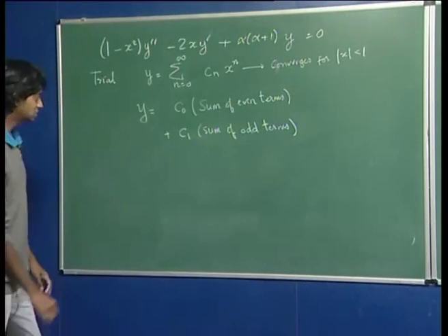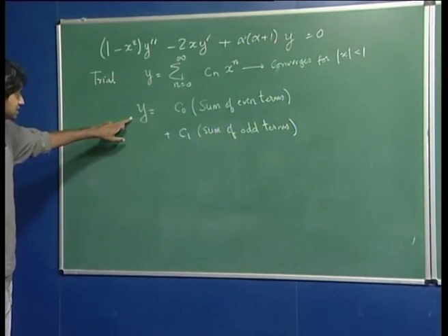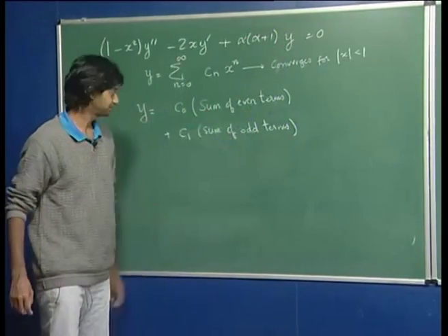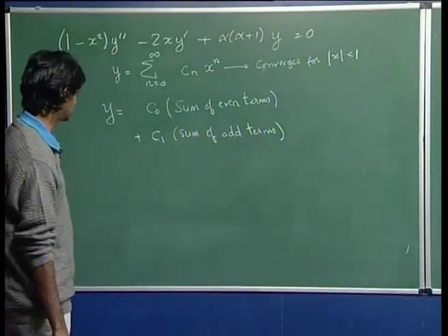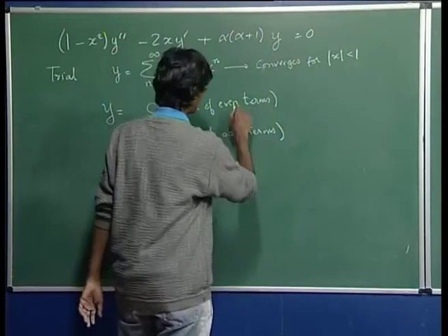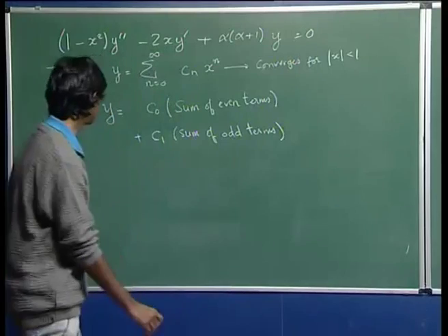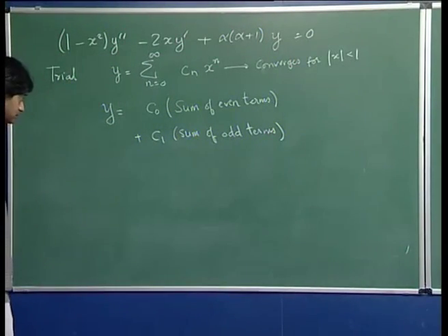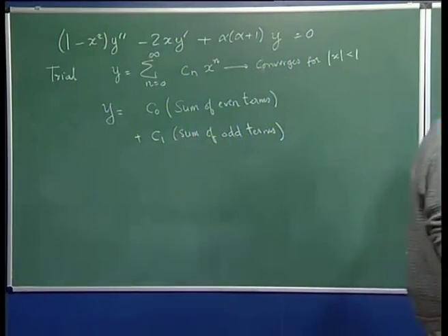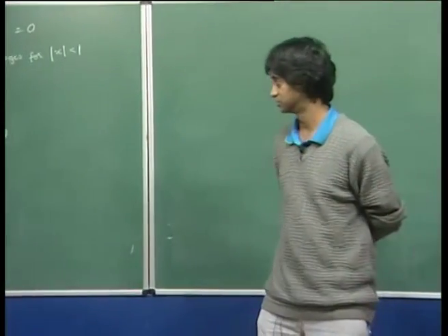And so if r is an integer, then one of these series terminates at one point. Now how do we use this fact when we are applying it to real physical problems?